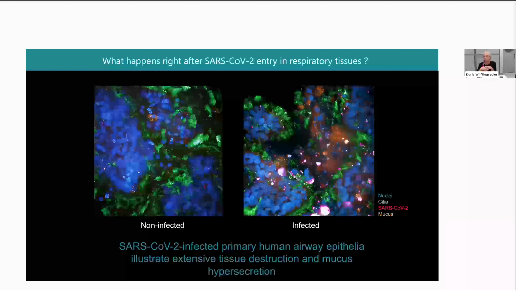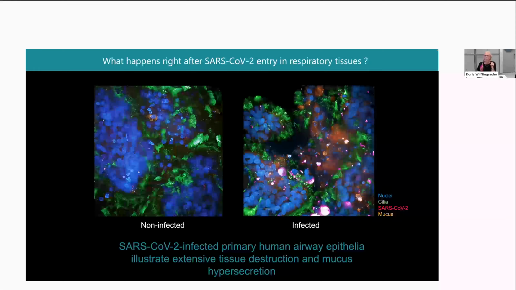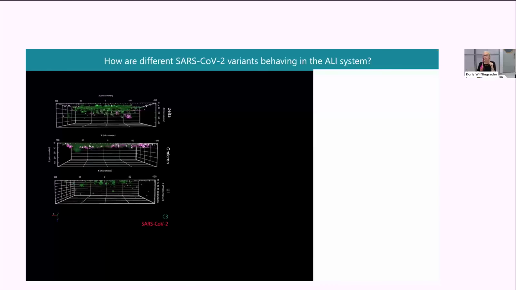In newer times, we wanted to look at the differences which occur when, for example, we infect a tissue with Delta versus Omicron. The virus you can see here in pink, and we also stained for an innate immune activation marker, complement C3.